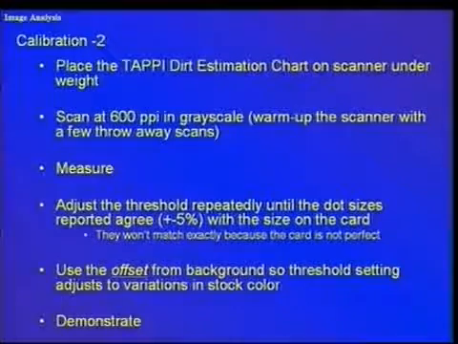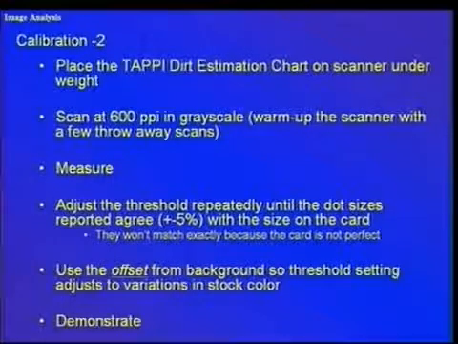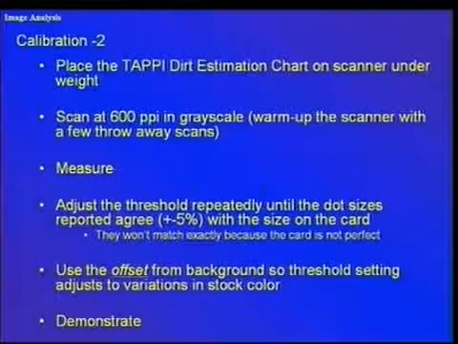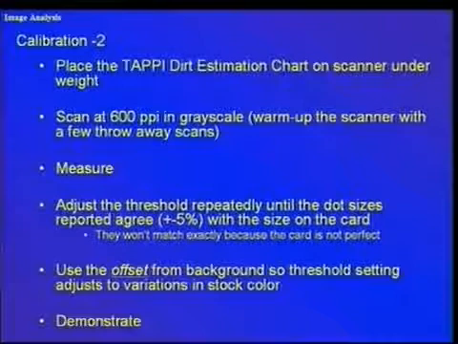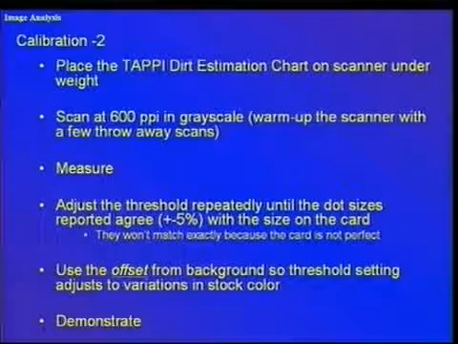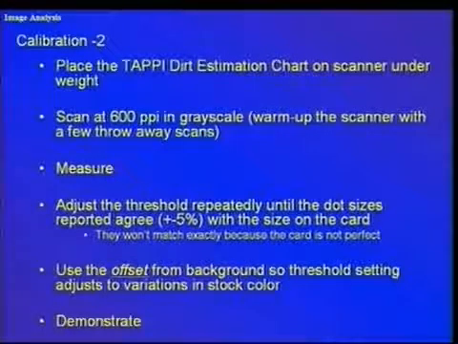We'll scan it in at 600 ppi, we'll measure it, and we'll adjust the threshold repeatedly until the sizes agree. If we don't get a calibration, we have a problem with the scanner. But we will not use the threshold setting that gives us the optimal measurement for the dirt estimation.